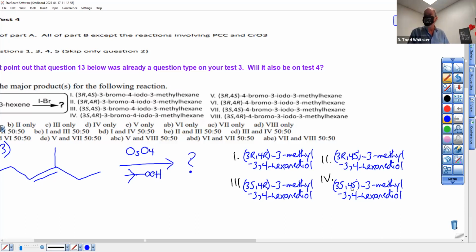Every reaction that made alcohols previously, critically important for test 4. You didn't learn them just to do them in test 3 or 2. Yes, test 2, you learned how to make alcohols. Acid catalyzed hydration of alkenes. Please don't forget the old reaction, okay?